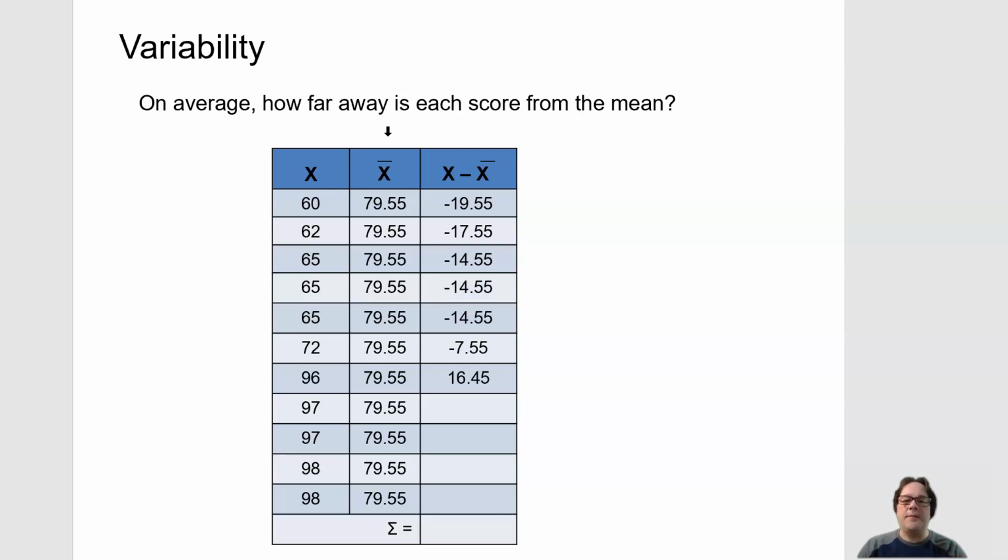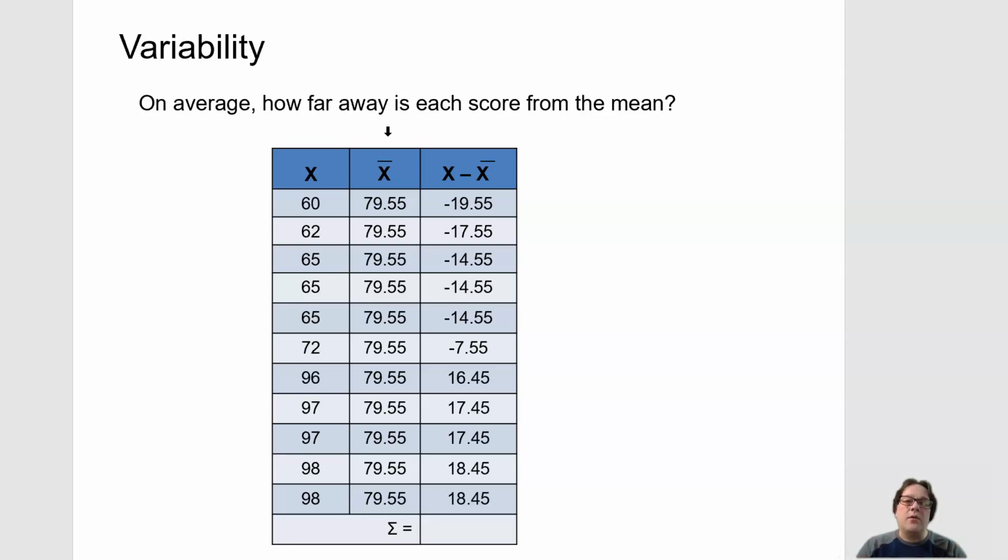Let's keep going, right? Once we get to values that exist above the mean, we're going to start getting values that are positive for our deviation scores. So by the time we get to 96 and we subtract out the mean, we can determine that 96 is 16.45 scores or value points above the mean, right? And we can do this for each one of our values there.